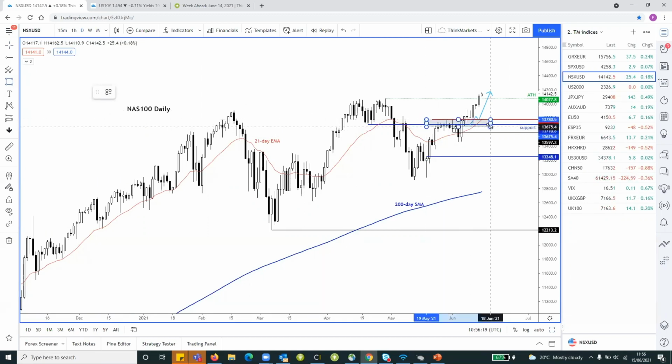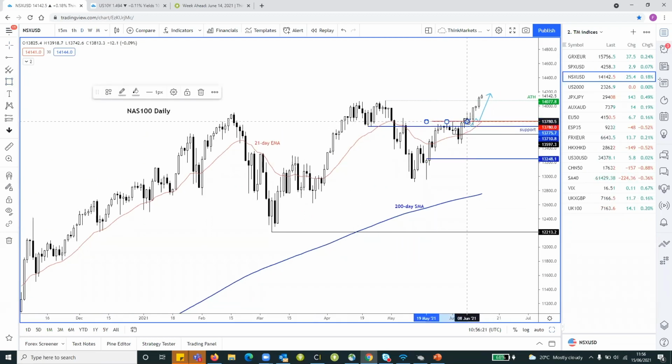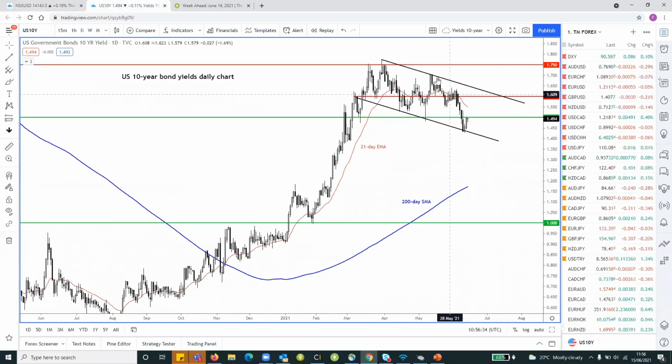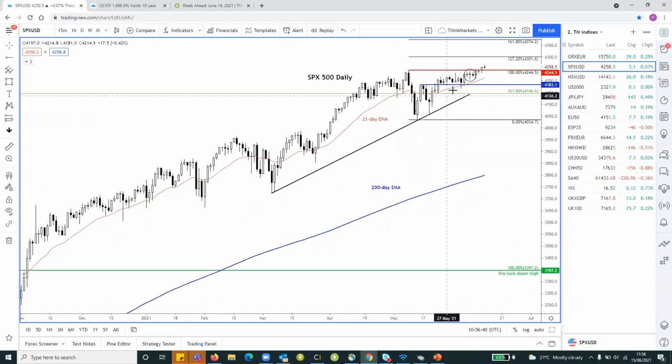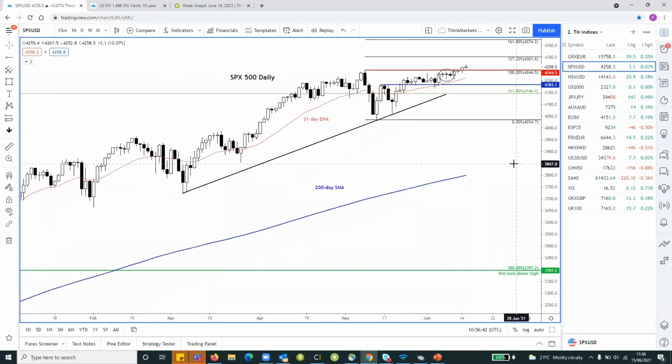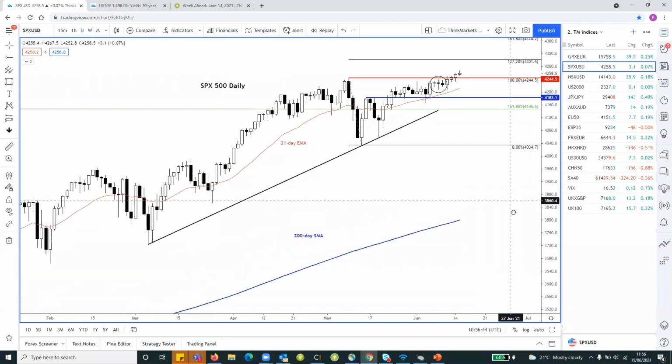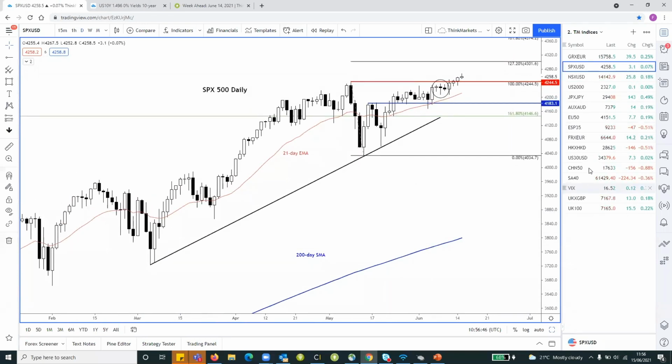So we got this one spot on as well, didn't we, from the last webinar when it had just broken above this resistance area. We said that back into this zone could lead to a break to a new record high. And lo and behold, it's there. So as you mentioned, yields have fallen, which is why the technology stocks have risen. And to answer your question, the S&P has technology stocks in the index, big technology companies like Apple and so on, whereas the Dow doesn't, right?